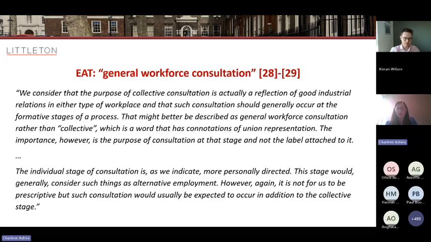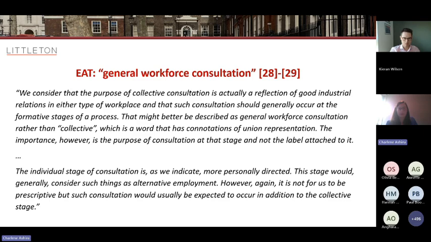So that's in those where there's a trade union and those where there's no trade union representation. And that such consultation should generally occur at the formative stages of a process. That might be better described as general workforce consultation rather than collective, which is a word that has connotations of union representation. The importance, however, is the purpose of consultation at that stage and not the label attached to it.